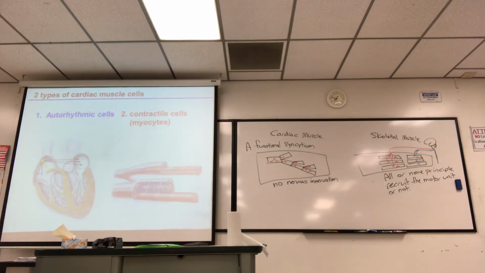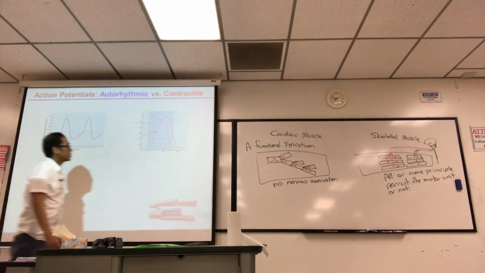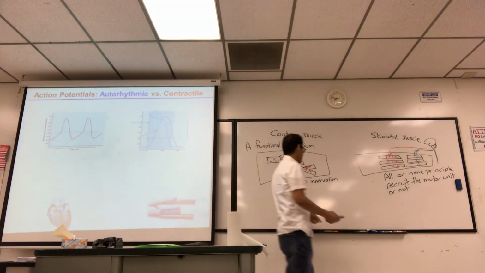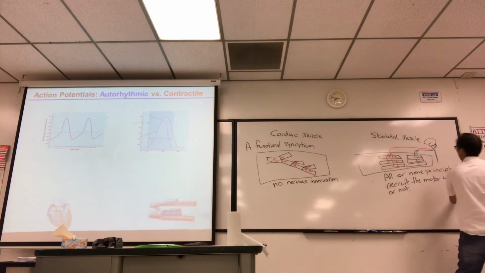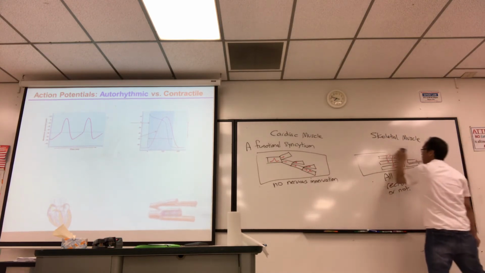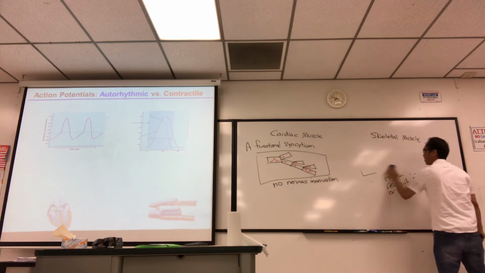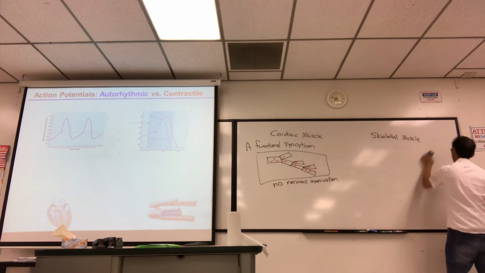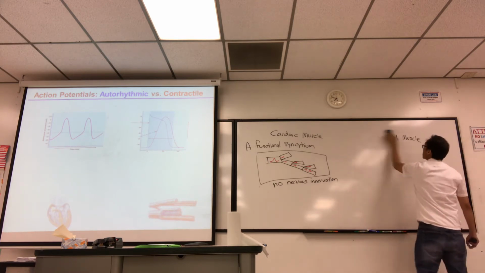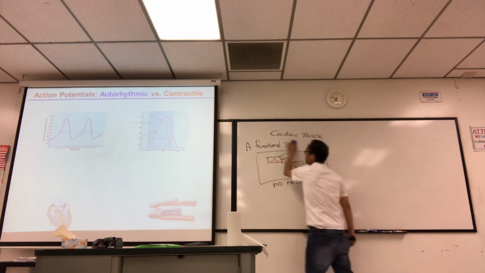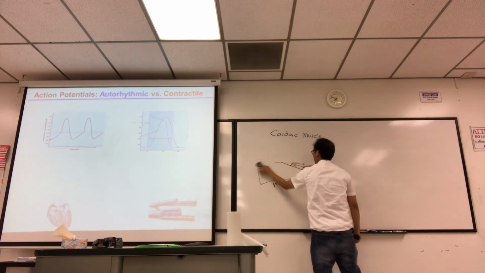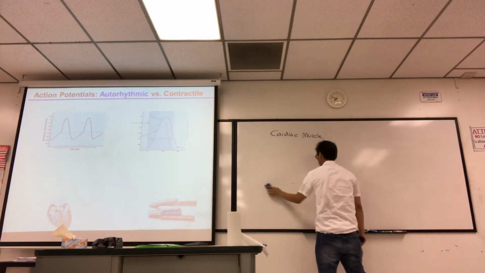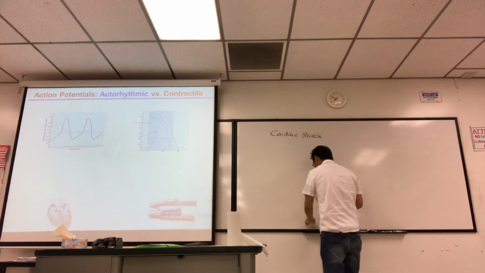Today I'll focus on the action potentials of 2 different kinds of cells in the heart. Okay, and we will look at skeletal muscle again. So for cardiac muscle, note these two cell types.